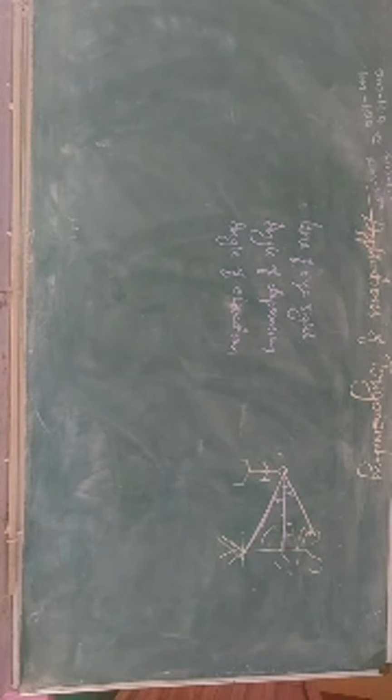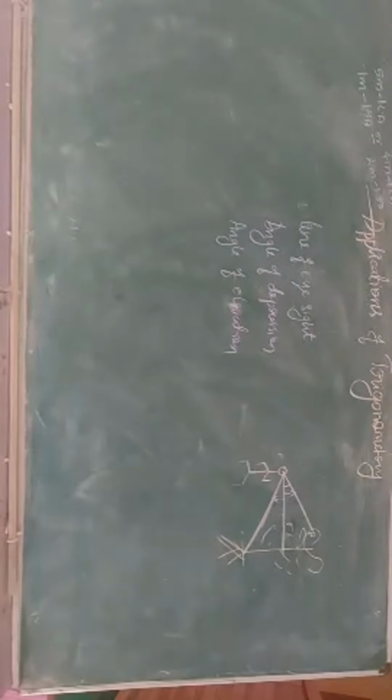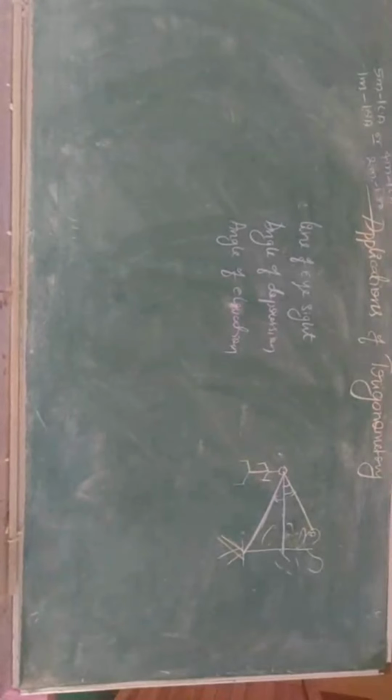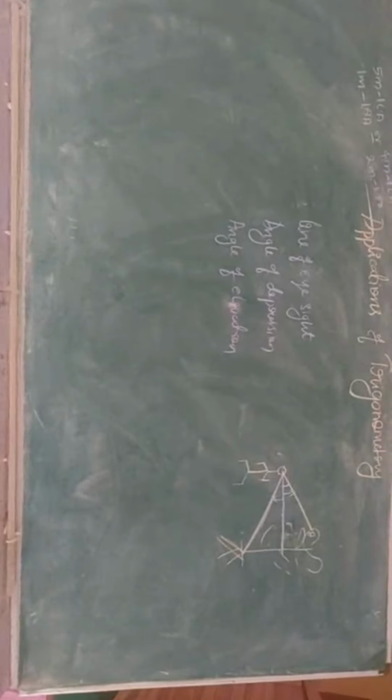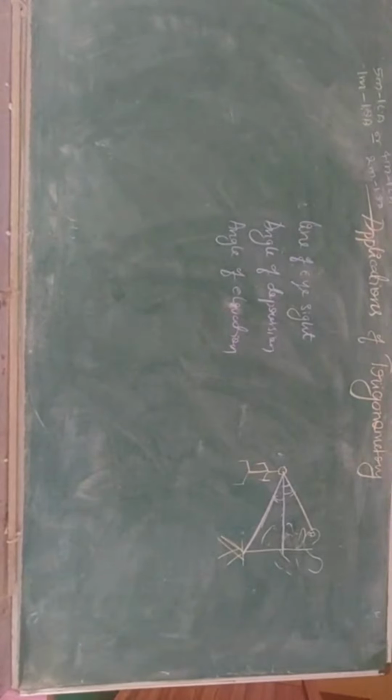The line of sight is the line drawn from the eye of an observer to the point in the object viewed by the observer.